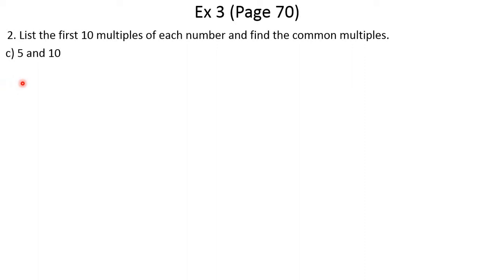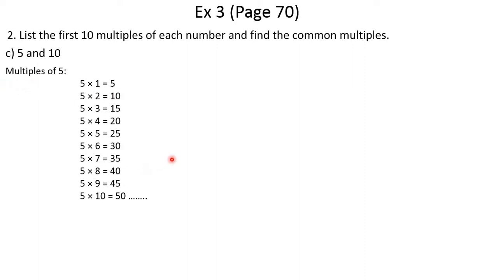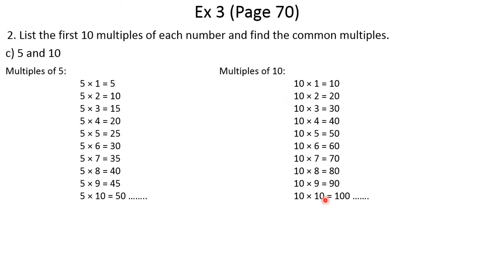So first you will write the multiples of 5 and the multiples of 10. Kids, we have written here the first 10 multiples only because we need the first 10 multiples only. But we know that the multiples of any number are uncountable. So they do not finish here. They will go on and on even after the 10th number.